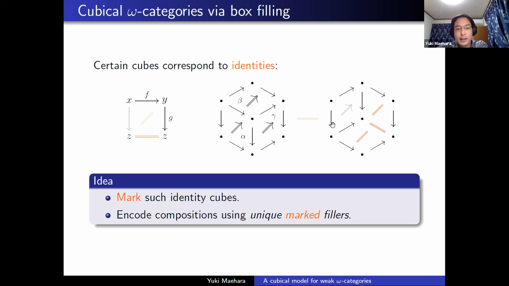And again, asking for a unique marked filler for this open box is basically the same thing as asking for a uniquely defined composite or pasting of alpha, beta, gamma.